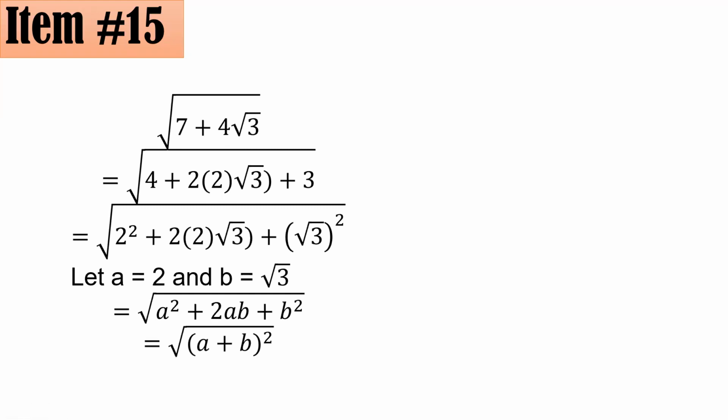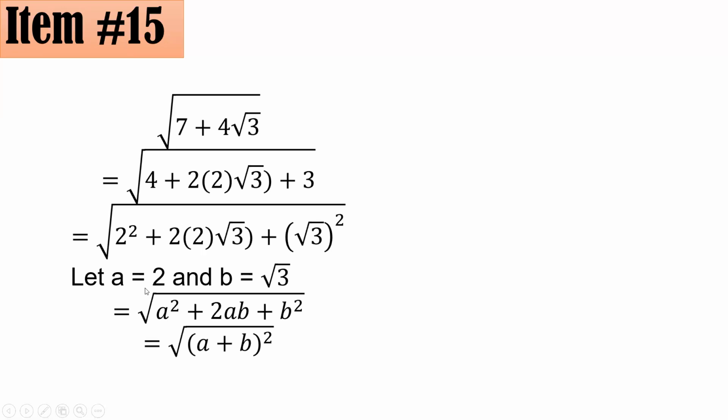Then the 4 can be expressed as 2 squared, while the 3 can be expressed as square root of 3 squared. Next, I let A be this 2, and the square root of 3 as B. This 2 still remained as 2, but the rest were replaced.